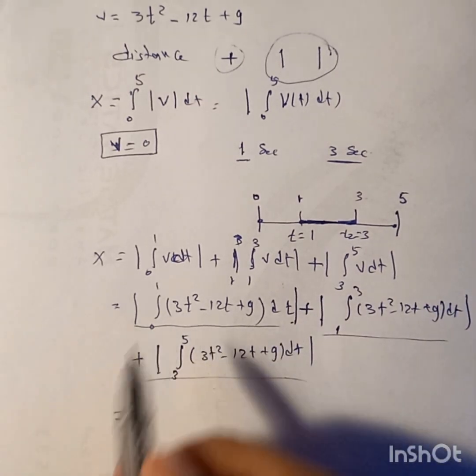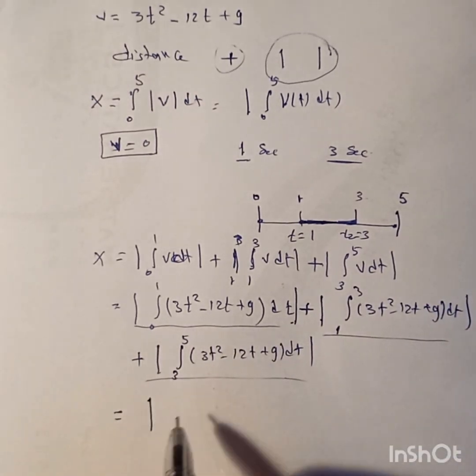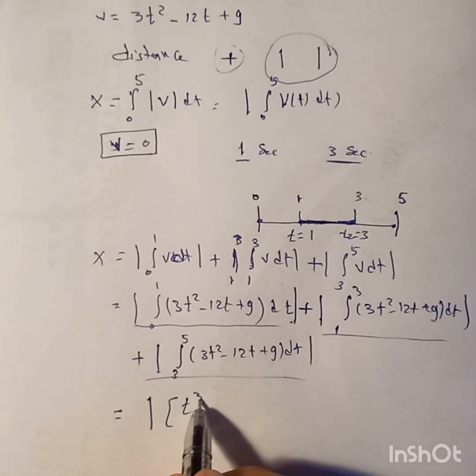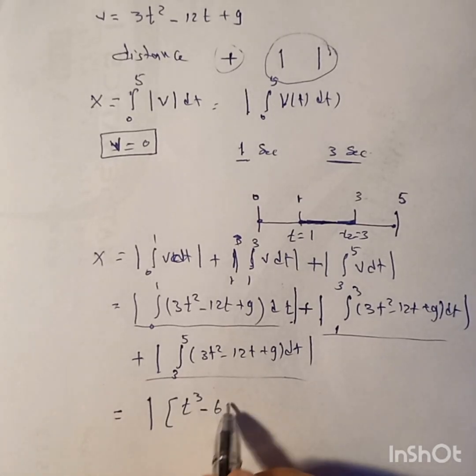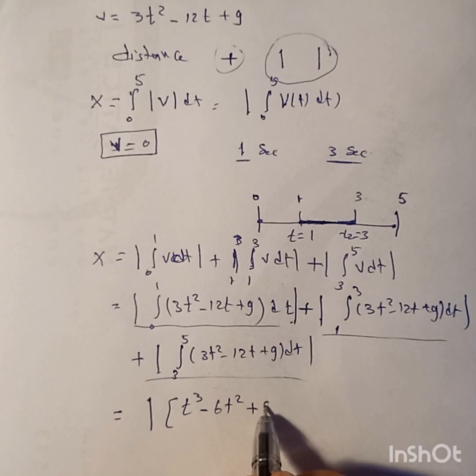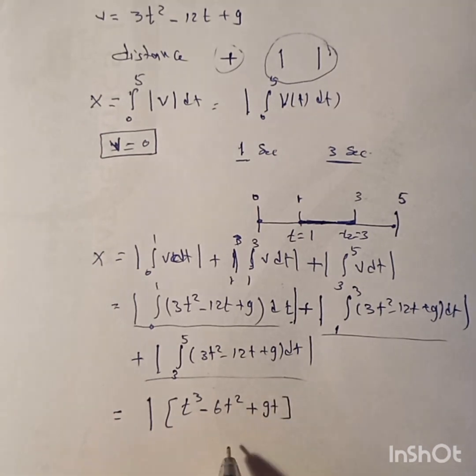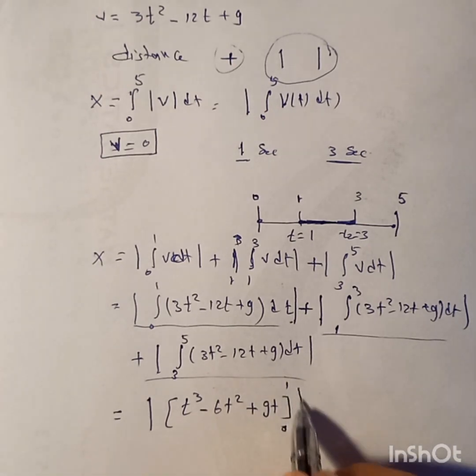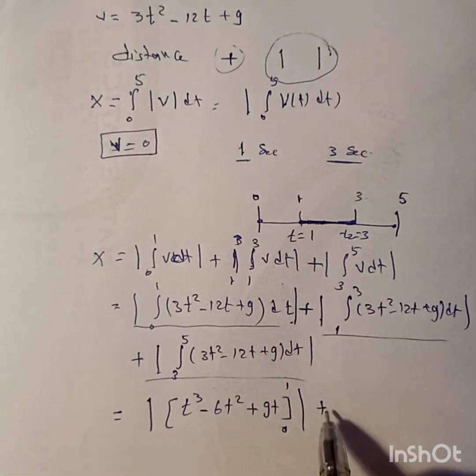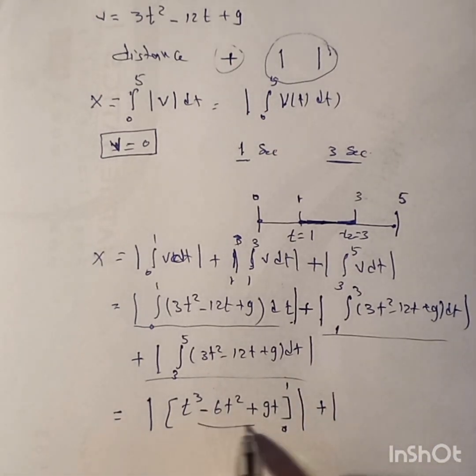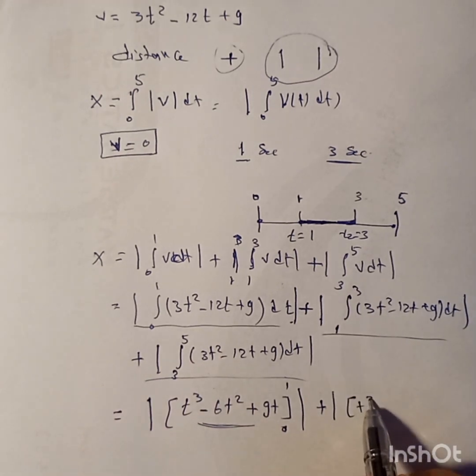then we have, for example, here t power 3 minus 6t squared plus 9t, and we have to substitute by 1 and 0. Then we'll repeat here, we'll use this t power 3 minus 6t squared plus 9t.